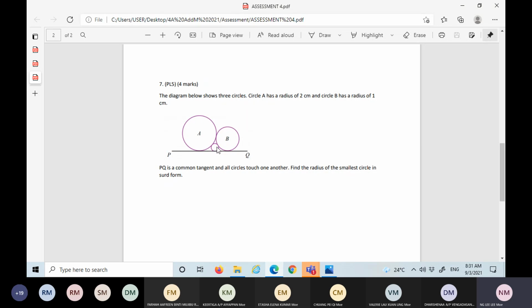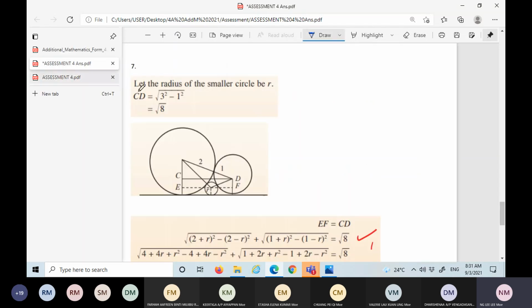See whether your answer for the smaller circle makes sense. Because in surd form, you use the calculator and change it into a decimal, whether it is smaller than 1 centimeter. If bigger than 1 centimeter, something is wrong already, because circle B's radius is 1 centimeter. So this common sense, you all have to take notes.